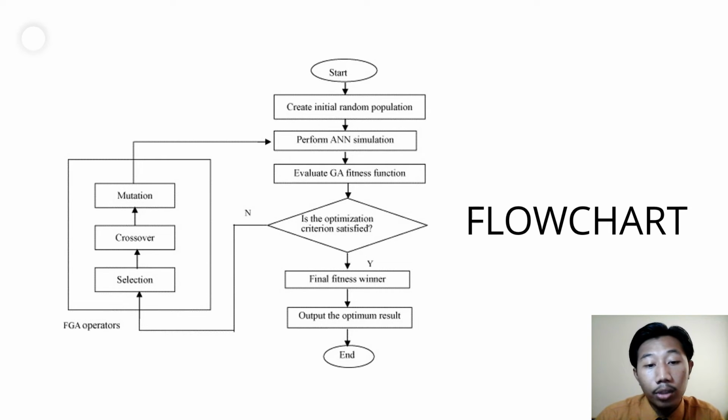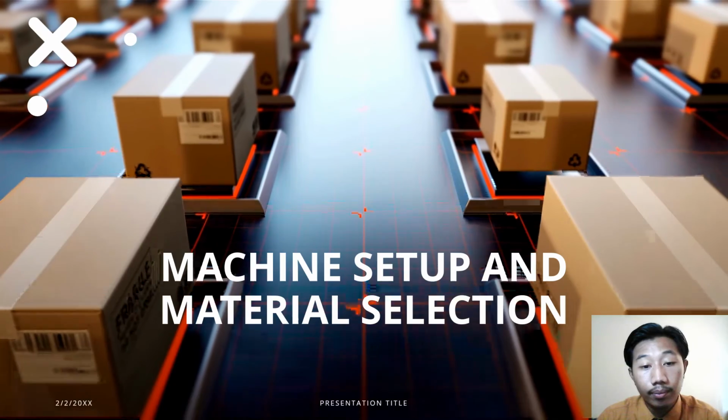So is the optimization criterion achieved? If no, then we will repeat. We go to the selection first of all, and then crossover, then mutation to repeat the test again. If we have achieved the optimization criterion, so we will have the final fitness winner. Then we will get the output, the optimal result based on the purpose of this project.